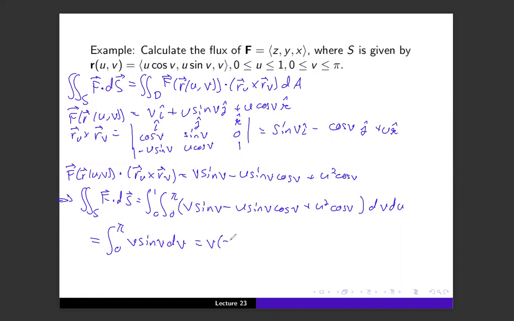So it'll be v times negative cosine v from 0 to pi, plus, now you differentiate v, which is much easier, the integral from 0 to pi of cosine v dv, which comes out to negative v cosine v from 0 to pi plus sine of v from 0 to pi.